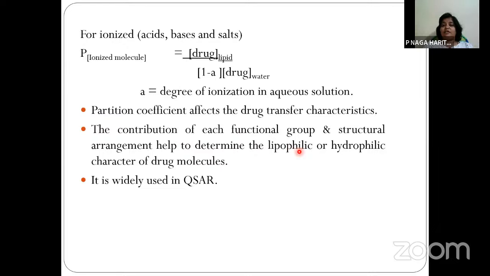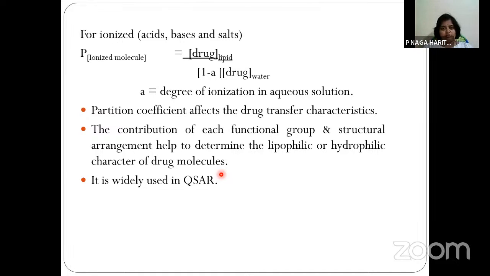The contribution of each functional group and structural arrangement helps to determine the lipophilic or hydrophilic character of the drug molecule. So this partition coefficient depends upon all the functional groups and the structure of the drug molecule, which is present in the structure of the drug. And that particular structure determines whether it is a hydrophilic drug or a lipophilic drug.